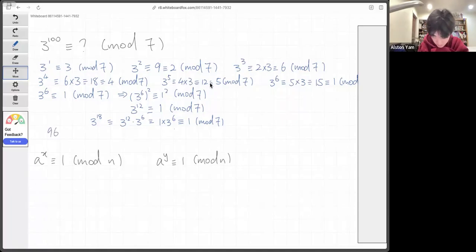Just as a side note, 96 divided by 6 is 16. Cool. I should not have written this problem so close. I'll erase this one to get more space, and I'll write it later.